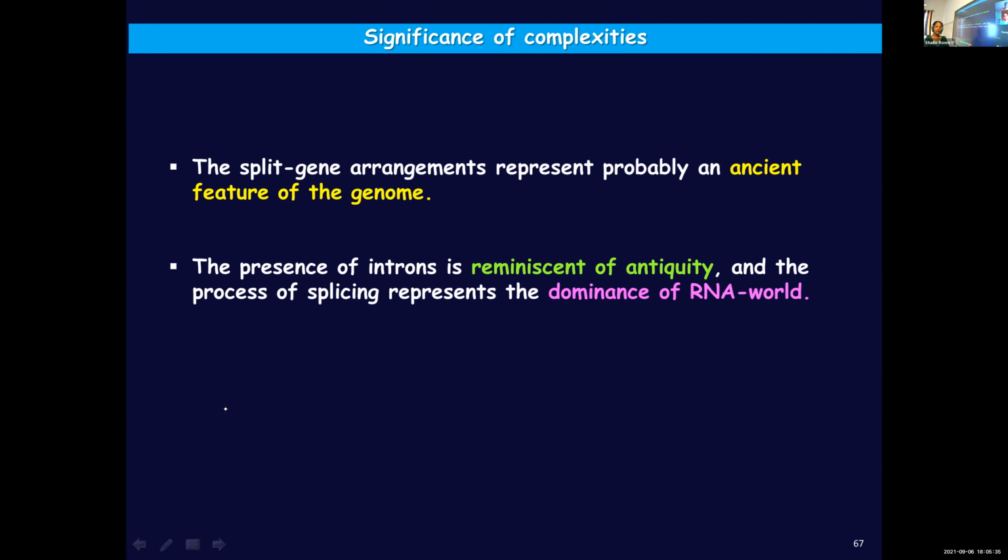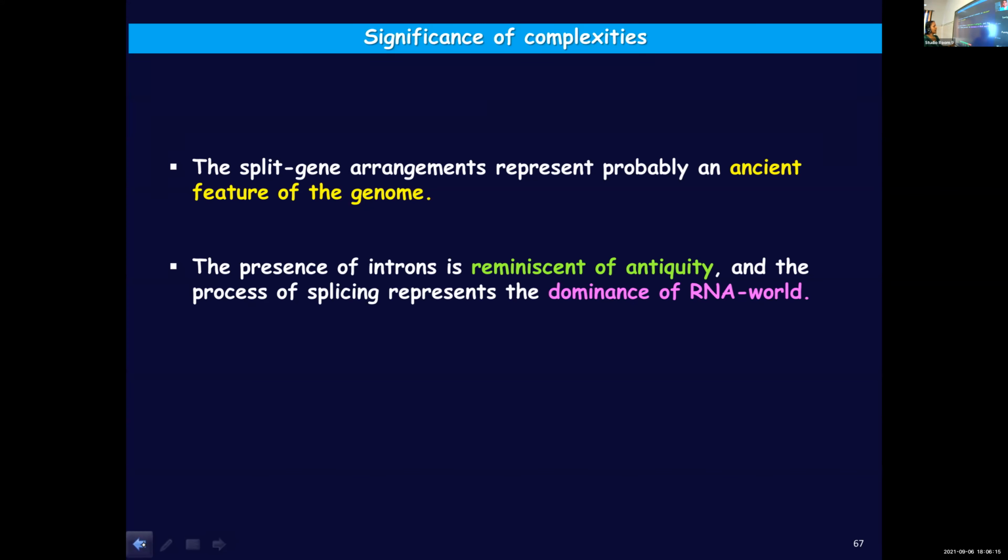It decides that introns should be removed and exons should be joined together. So these introns might have had some significant function earlier, but once the RNA has been formed, it is of no use. And the dominance of RNA world is clear from the fact that RNA is deciding whether this intron should be present or not, and it is undergoing the splicing process to remove these introns.